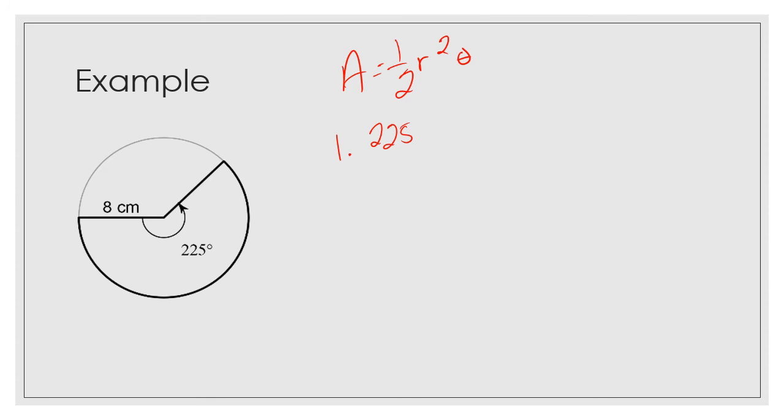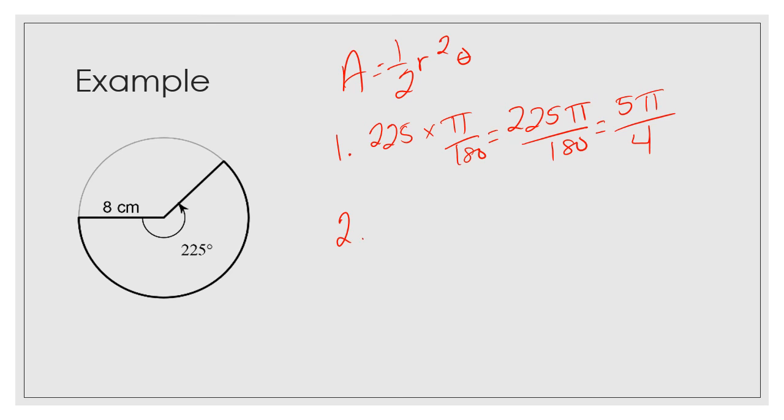So I have 225 times pi over 180, which gives 225 pi over 180. When you reduce that, 225 over 180 reduces to 5 pi over 4. So that's 225 degrees in radians.